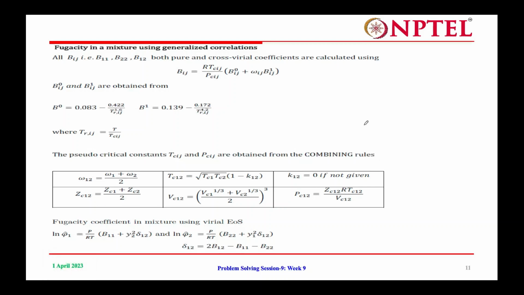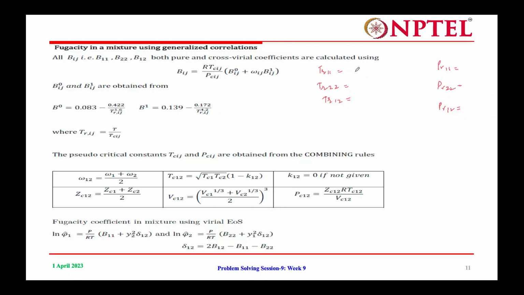Now the three reduced conditions can be calculated. So TR11, TR22, TR12, and similarly PR11, PR22, PR12.